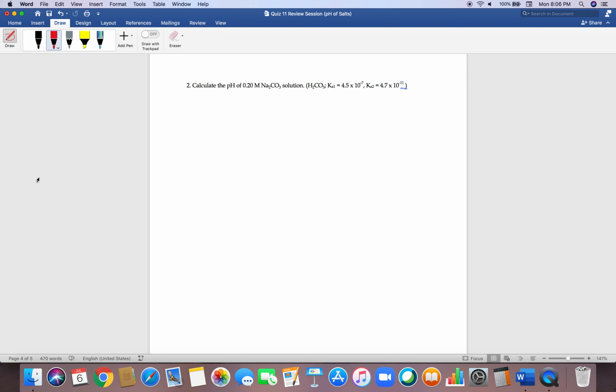I'm going to write my dissociation of my salt to determine what's really going on, what's contributing to my pH, and I get my sodium plus carbonate.